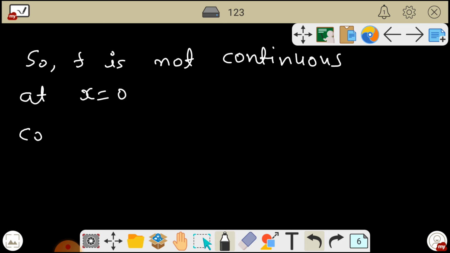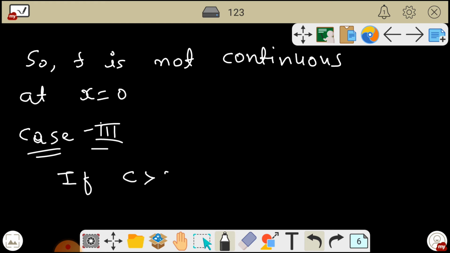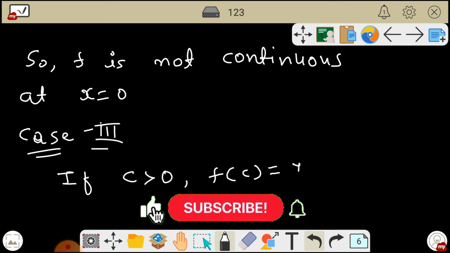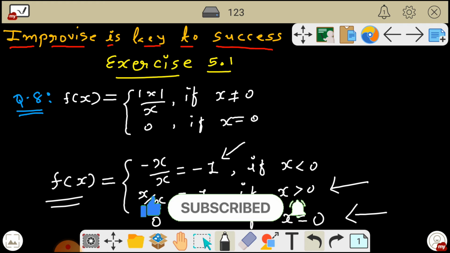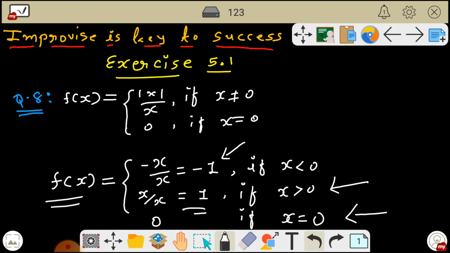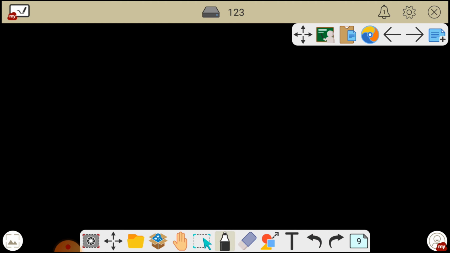Now our third case is, if our point c is greater than 0, then f of c is equal to 1, because f of x is equal to 1 for all the points which are greater than 0, right? So that's why f of c is equal to 1, and let us find the limit of the function.